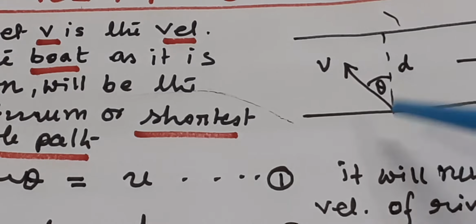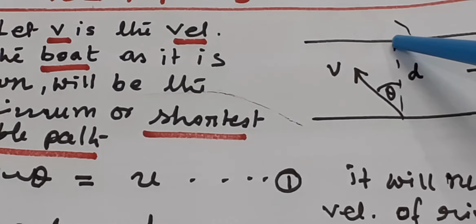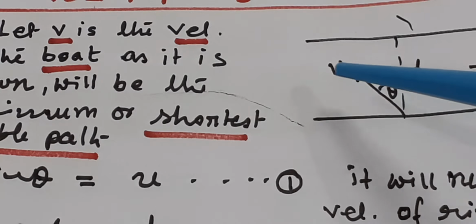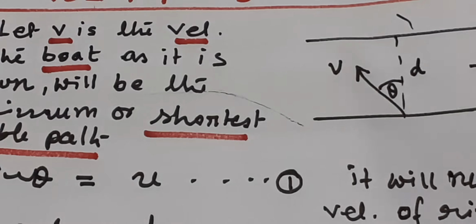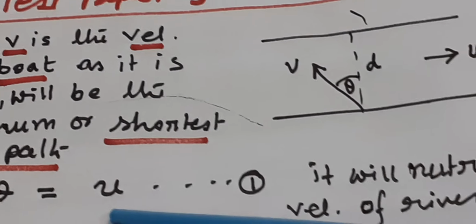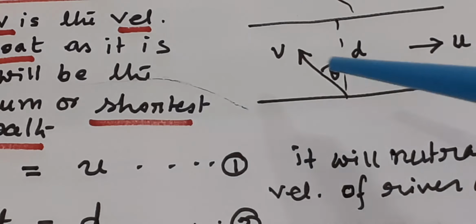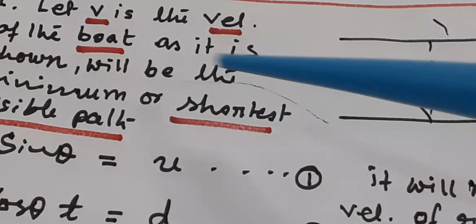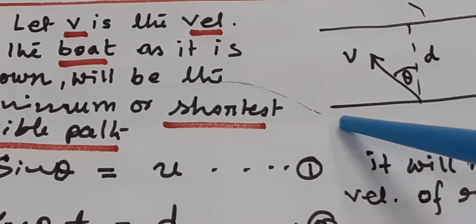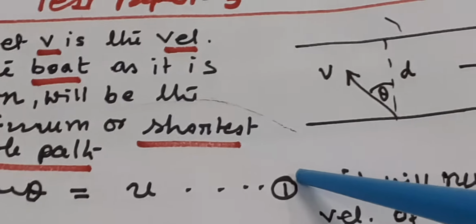From here to here it is 1 kilometer. And the direction of the river current is this direction, that is u kilometer per hour, taken as it is given, both in terms of kilometer per hour. The same dimension has been taken for the river current.